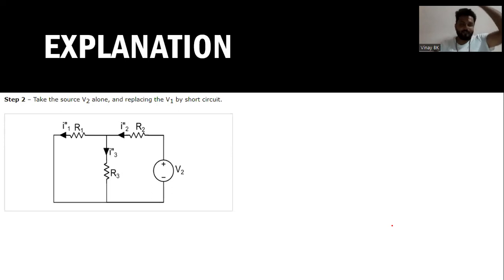Then find the current flowing through R3, that is I3 double dash, the second case. Again, knowing I1 and I2, it is I1 double dash minus I2 double dash.